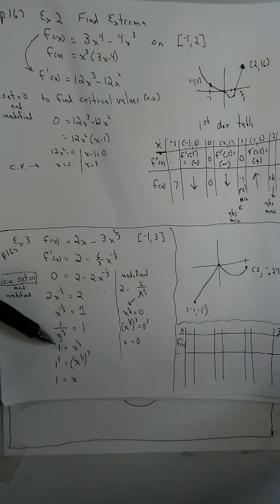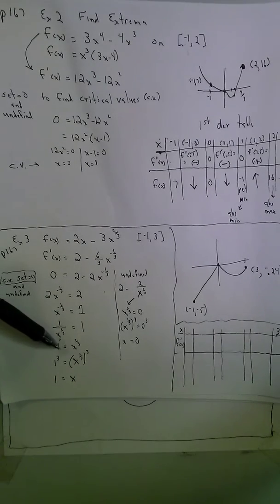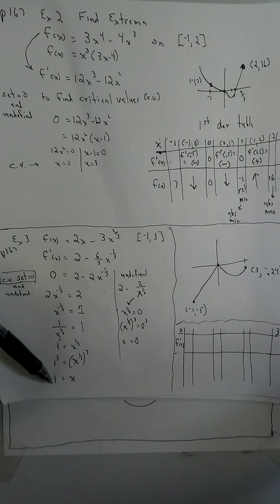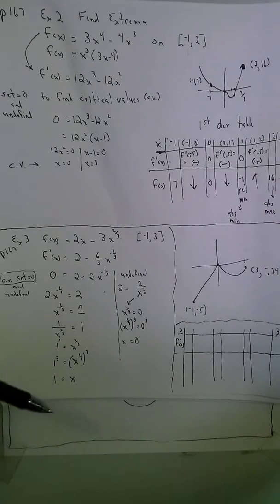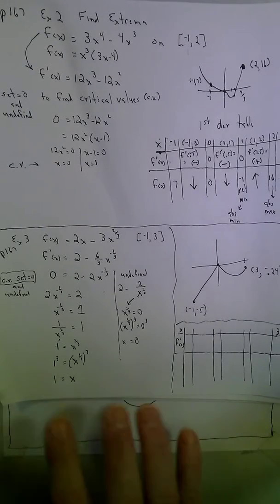Negative exponent moves to the denominator, becomes positive. Multiply through by this denominator. Now to undo the 1/3 power, raise both sides to the 3rd power, because 1/3 times 3 is 1. And then 1 to the 3rd is 1. So x equals 1 is a critical value.